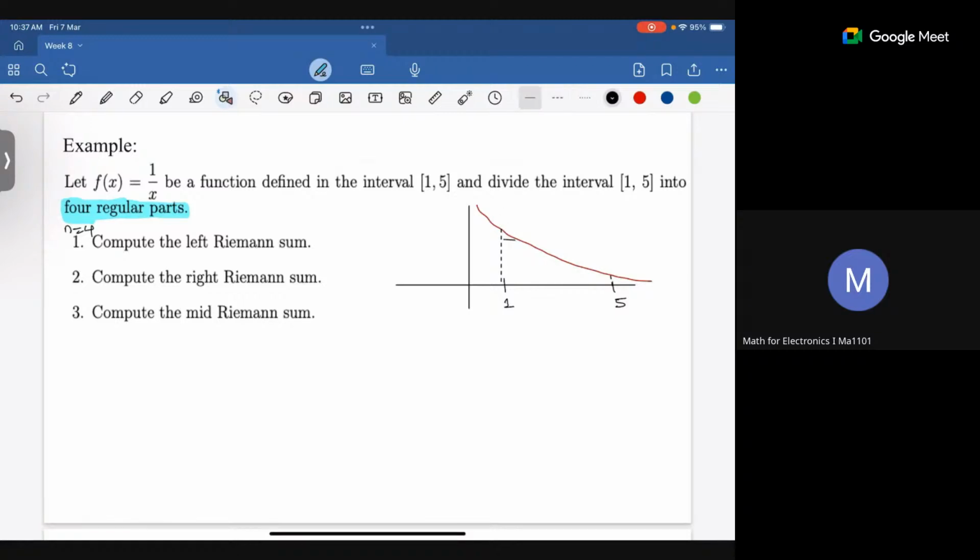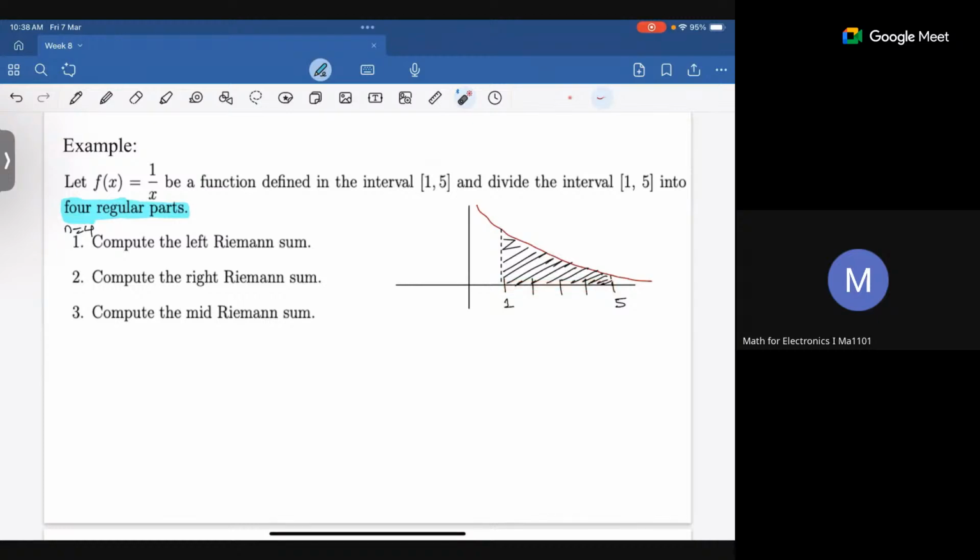Something like this, right? So this region. And the first thing that is given in the information itself is that you are going to divide this whole interval into 4 subintervals. So if I do 4 subintervals, this is how it looks. So this will be the first subinterval, this is second, this is third, and this is fourth.